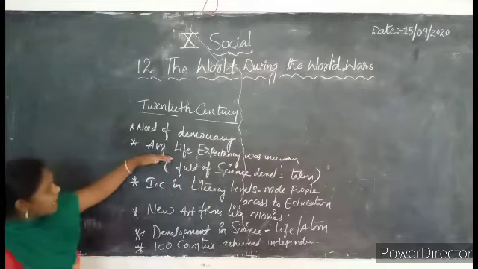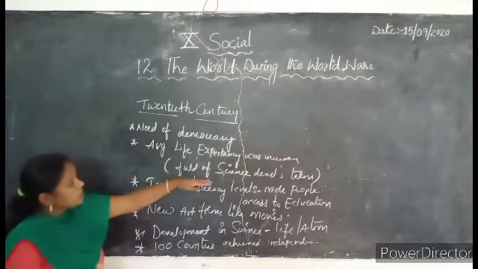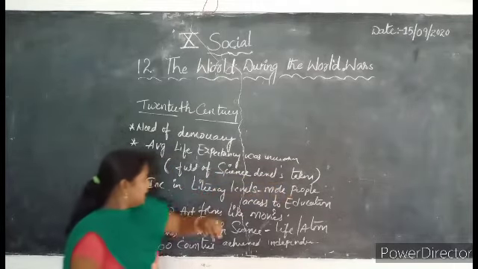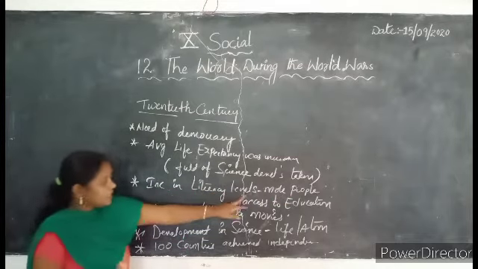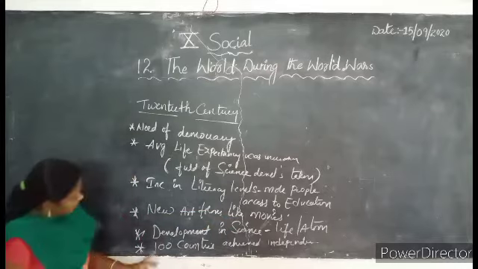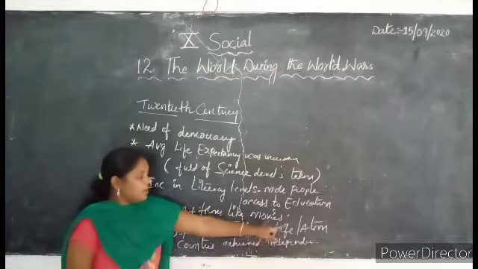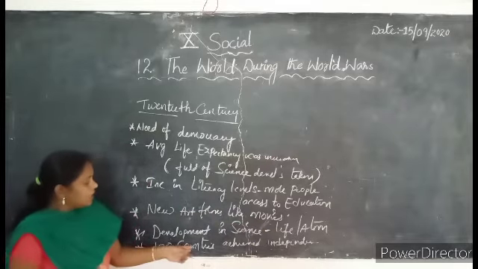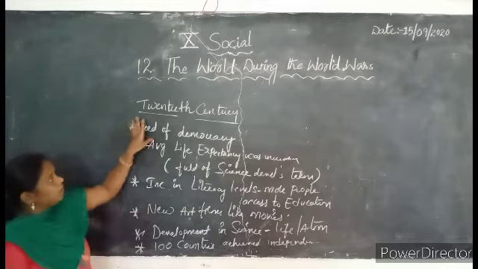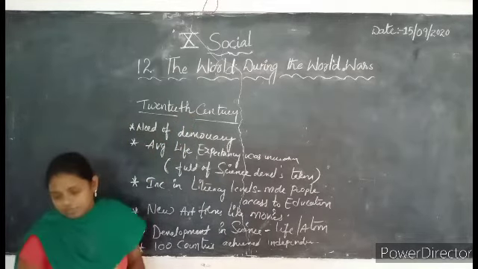And the second thing, average life expectancy was also increasing because of developments in science. Literacy levels increased, new art forms like movies were known to more people, and there was development in science, life and the atom. Nearly 100 countries achieved what? Independence. So this is about the facts of the 20th century.